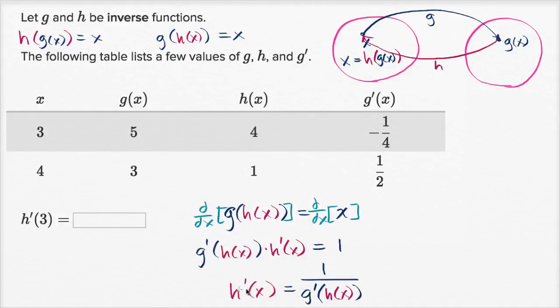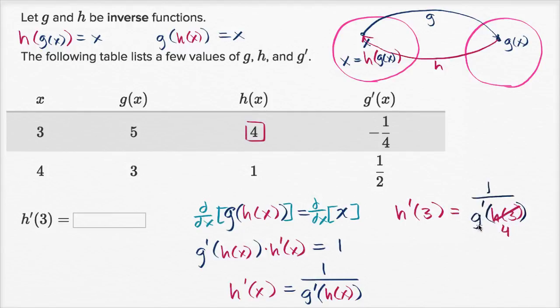But we can use this now if we want to figure out what h prime of 3 is. H prime of 3 is going to be equal to 1 over g prime of h of 3, which I'm guessing that they have given us. So h of 3, when x is 3, h is 4. So h of 3 is 4.